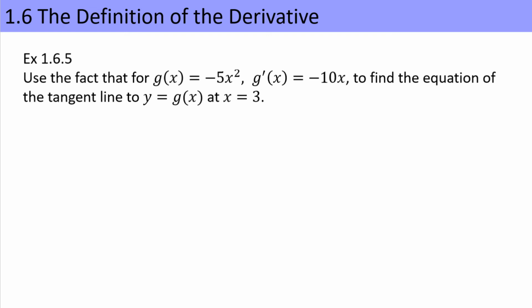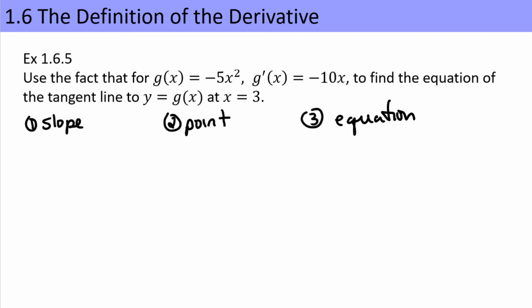We need 3 pieces of information to get the equation of a line. They are: we need the slope of the line, we need a point on the line, and we need to be able to assemble an equation for the line. So let's begin with the slope.